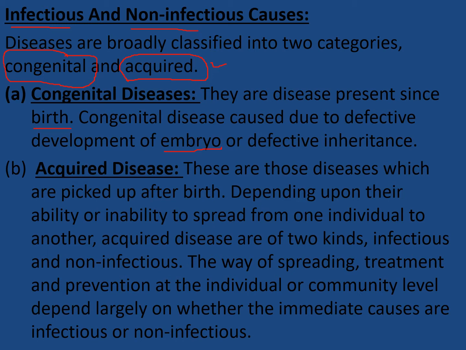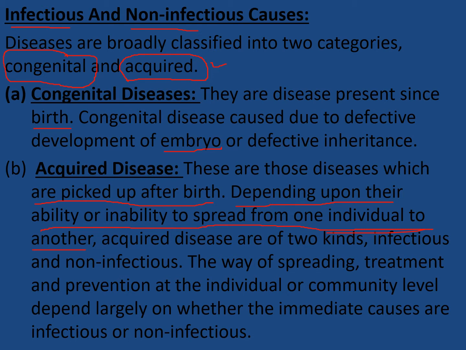Next is the acquired disease. These are those diseases which are picked up after birth, which come after birth. Now, depending upon their ability or inability to spread from one individual to another, some of them are infectious and some of them are non-infectious.